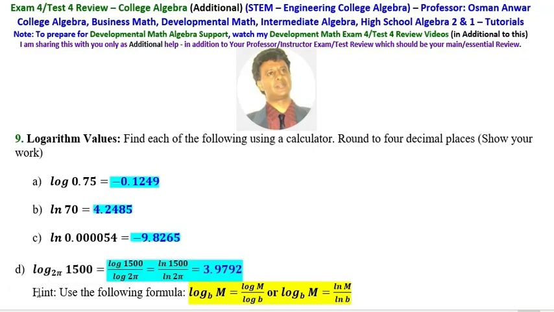So here we need change of base. We're going to use this: log base b of m is equal to log m over log b, or ln m over ln b. So log base 2 pi of 1500 is log of 1500 over log 2 pi. Log means base 10, that is common log. Or ln of 1500 over ln 2 pi, then both of them should give you 3.979.